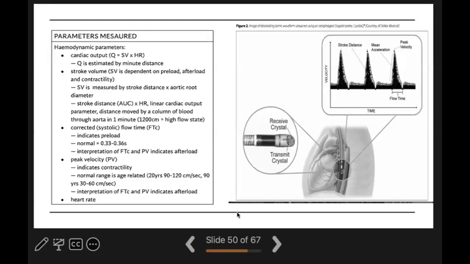And the normal range is mostly age related. In younger age, the values are more, between 90 to 120 centimeters per second. In older age, it is between 30 to 60 centimeters per second. So when we see the FTC and the peak velocity, it gives us a clue about preload, afterload, and contractility. Okay.